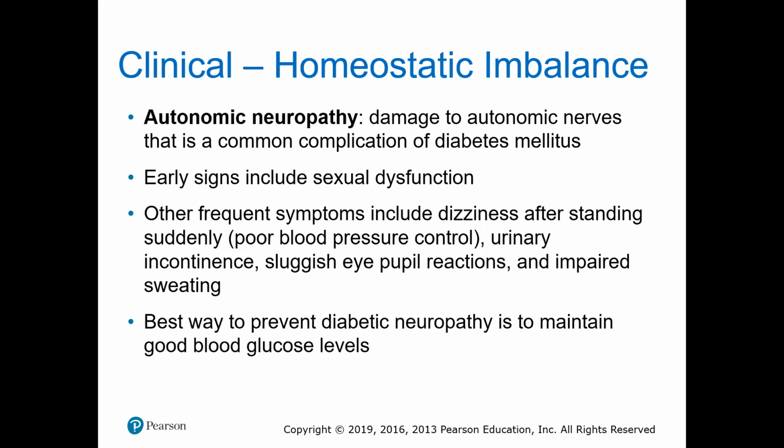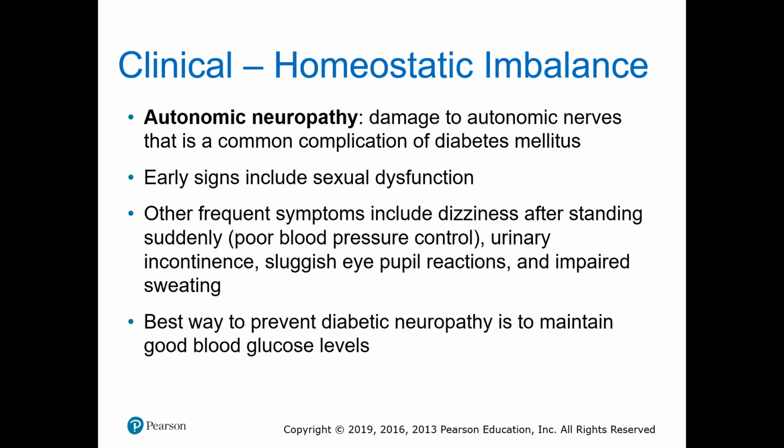We see it, excuse me, individuals that have poor blood flow because of diabetes often start losing their vision. If the autonomic nerves are damaged as a result of poor blood supply from diabetes, because the diabetes is interfering with blood flow, you may start seeing autonomic responses being impaired.